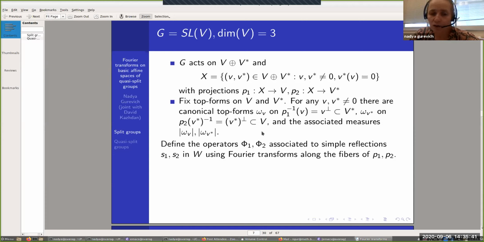And we define the operators phi1 and phi2, which are associated to simple reflections, using the Fourier transforms along those two-dimensional fibers.